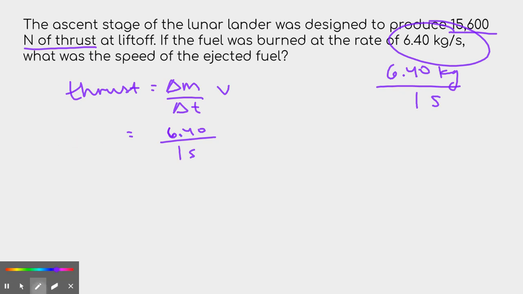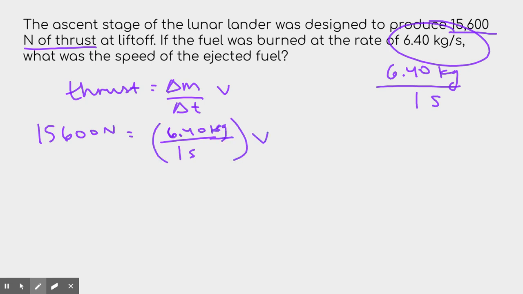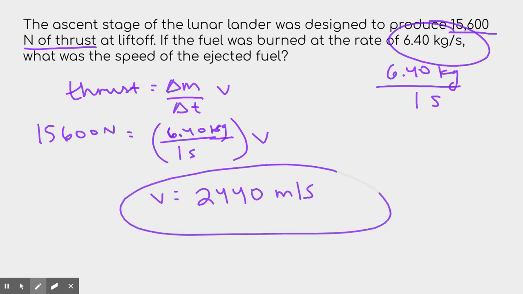Why didn't I write that in? 15,600 newtons equals 6.40 kilograms per 1 second. And that is multiplied by the velocity. We solve for velocity and we'll find 2,440 meters per second is the final speed. So that is how you would do your thrust problem.